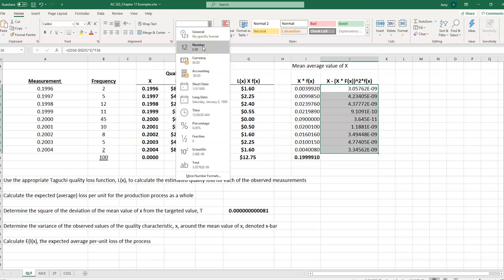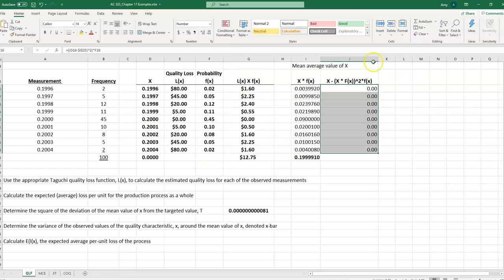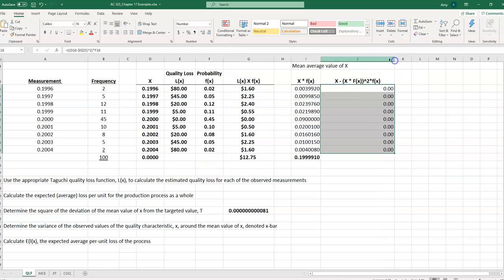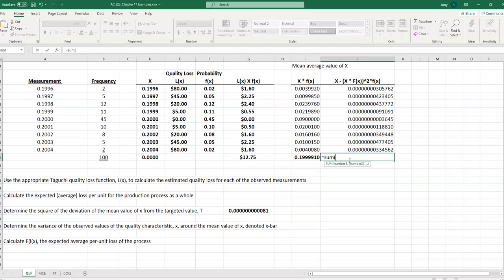Then we have to change that to a number because it automatically gives us a scientific number because of how many zeros we need. So we're going to make this cell bigger and take all of our decimal points out. We sum this value.